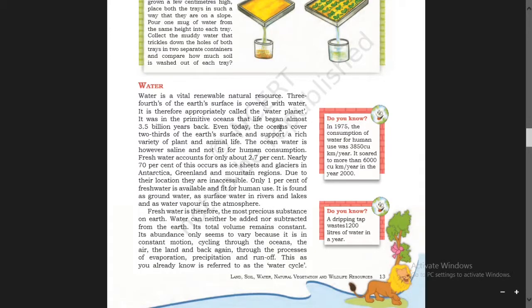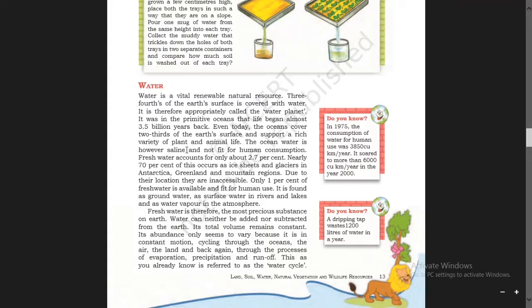Even today, children, the oceans cover two-thirds of the Earth's surface and support a rich variety of plant and animal life. The ocean water is, however, saline.